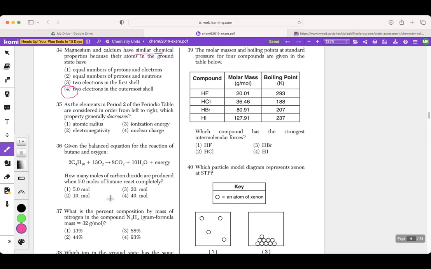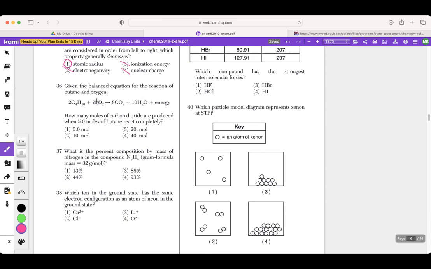As elements in period 2 of the periodic table are considered in order from left to right, which property decreases? As I move to the right, atomic radius is going to decrease. Looking at the other trends, ionization energy is going to increase moving to the right. Electronegativity is going to increase moving to the right. Nuclear charge has nothing to do with it.